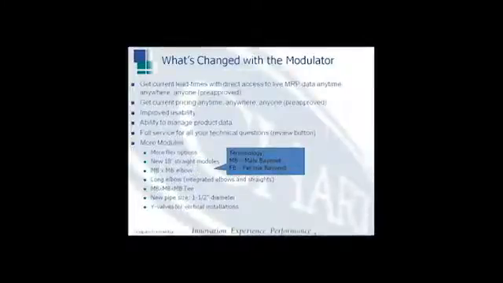So that gives us more flexibility. In the past, with the old modulator, we required a software engineer if we were going to update pricing, or if we were going to change, delete modules or add modules. It was pretty labor intensive, and as a result of that, it didn't get updated.